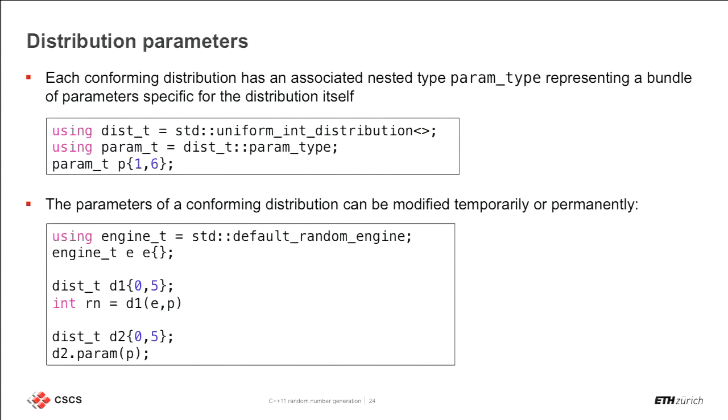Here we generate a uniformly distributed number, providing this parameter bundle P, which is defined here, for example, and this is a temporary change of the properties of the distribution, only for this number that we are generating here. If you want to change the properties of the distribution permanently, you can just call this method .param that will give you a permanent change in the distribution properties.